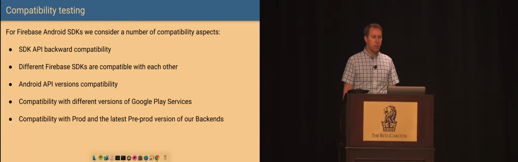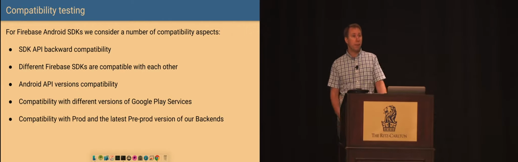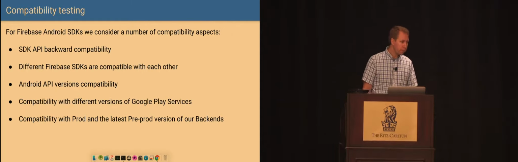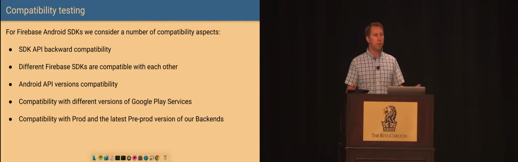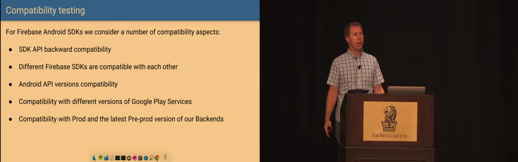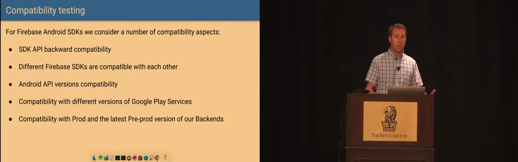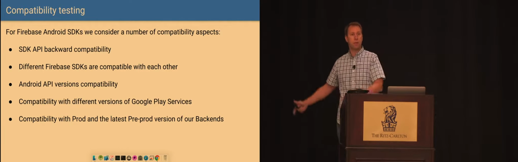Compatibility with different versions of Google Play services. Firebase SDKs are part of Google Play services. So we actually test the other way around, because Google Play services are being pushed to user devices automatically. What we want to make sure is that the latest Google Play services are actually compatible with all the previous versions of SDKs.